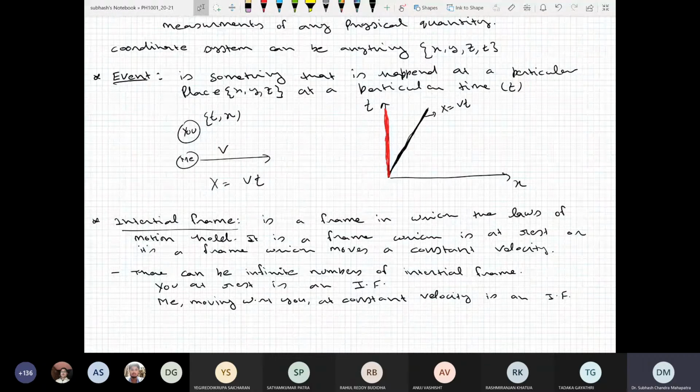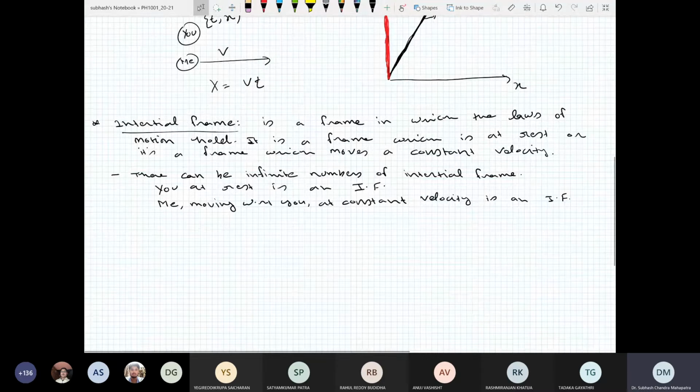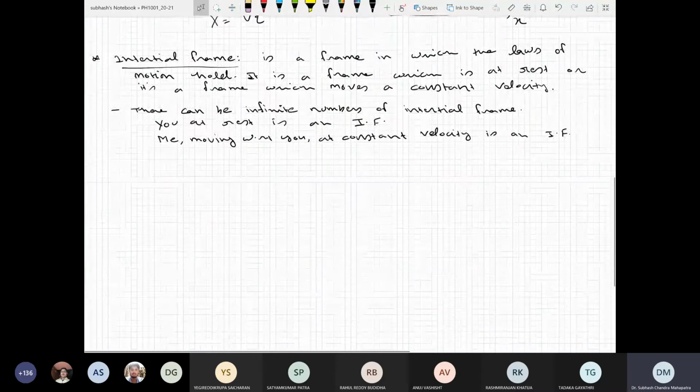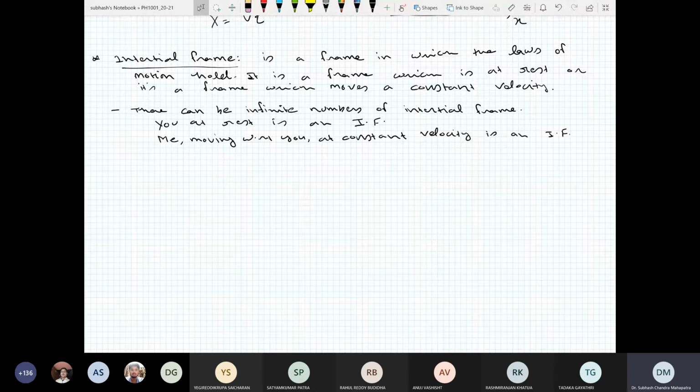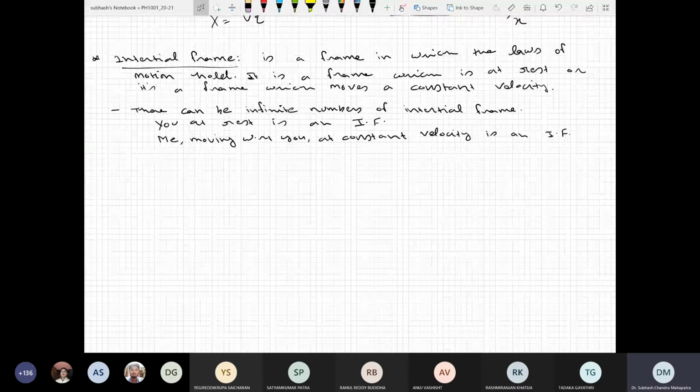Similarly, your friend sitting in Mumbai can say it happened at this value of x, y, z, and t. So we all are right in our own respective frames. There is no unique reference frame; there can be an infinite number of reference frames. That's the most important point.